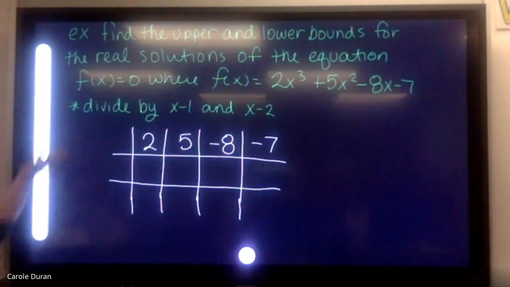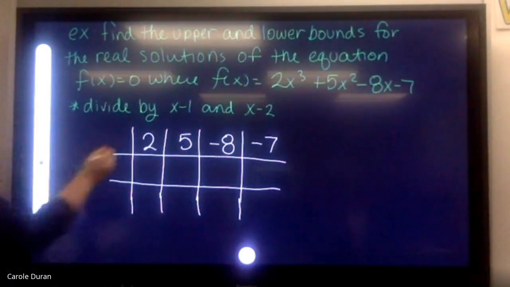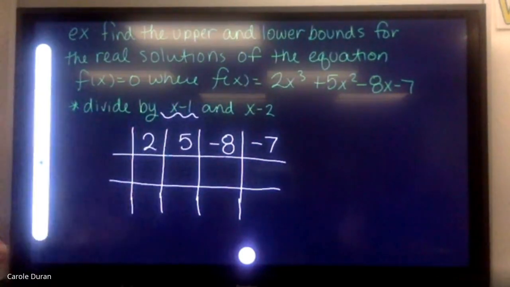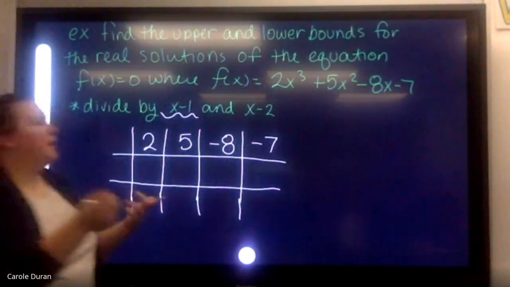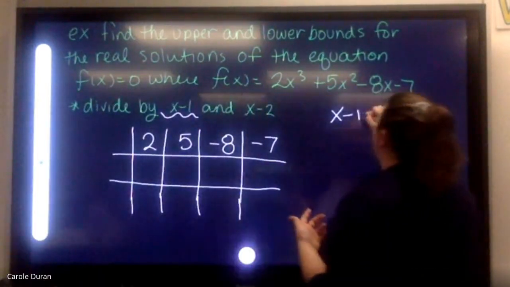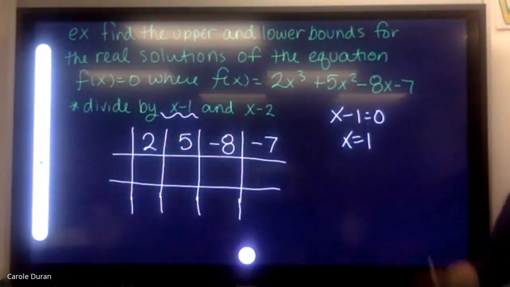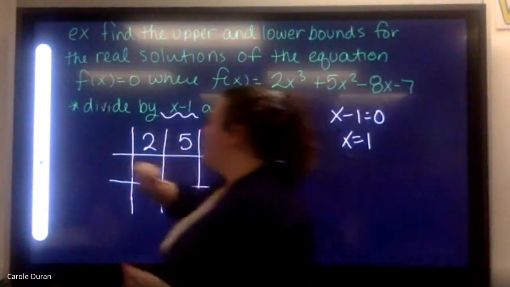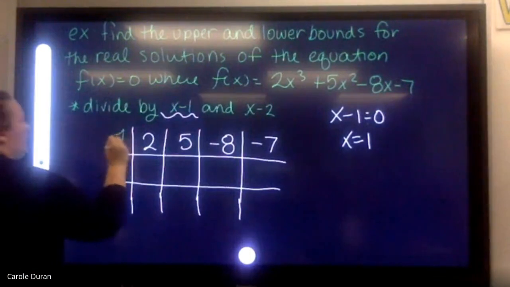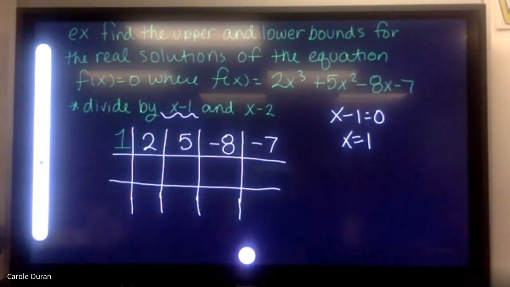Okay, so I've given you 2 options. We just have to set them equal to 0 and solve for x. So we're going to start with x minus 1. I set it equal to 0 and solve for x, which gives me x equals 1. This is the number that I'm going to put in this top left corner, and I'm going to divide out using synthetic division.